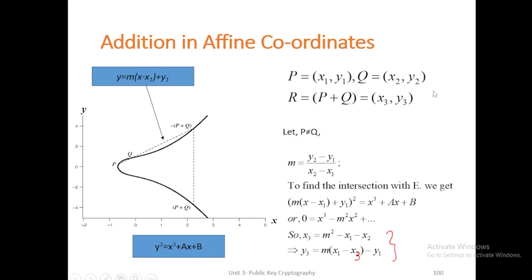So the conditions for finding out x3 and y3 values: if P and Q values are different, the slope value should be calculated. So m is equal to (y2 minus y1) by (x2 minus x1). So after calculating slope, the answers for x3 and y3 are x3 is equal to m squared minus x1 minus x2.